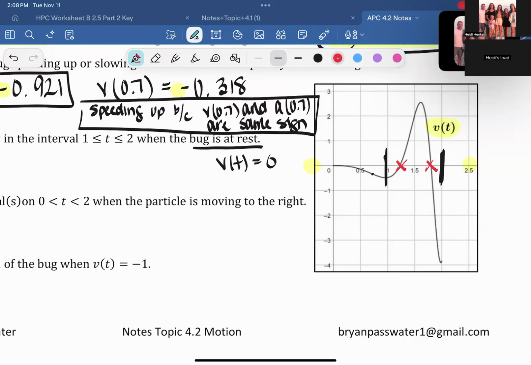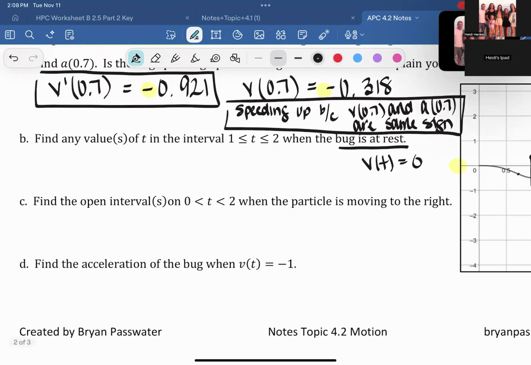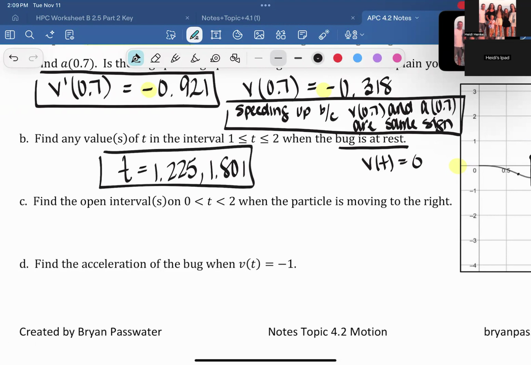I'm going to use the zero function on my calculator to find those two spots. Pause me if you want to. If you know how to do that and just want the answer, the two times are 1.225 and 1.801. You're literally just using your calculator to find the zeros. The whole point of that problem is that you understand that bug at rest means velocity is 0.